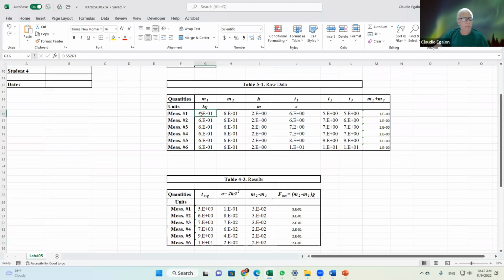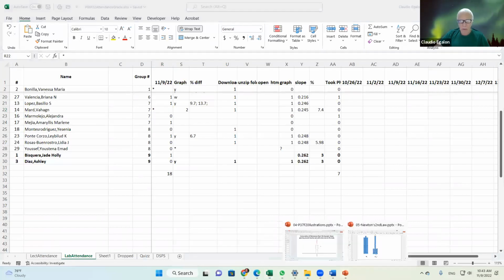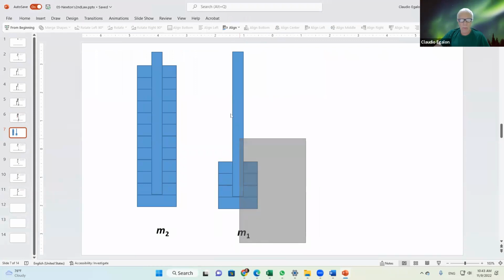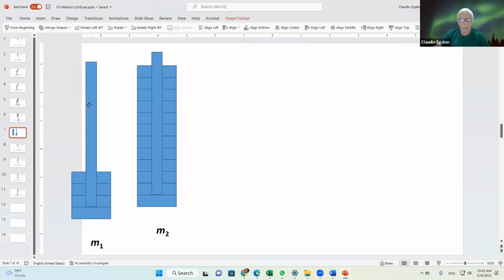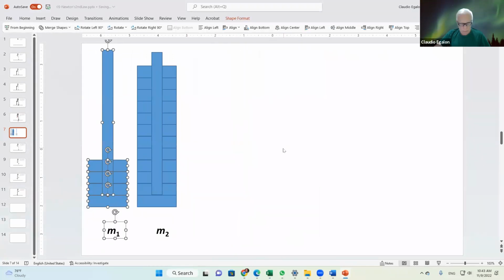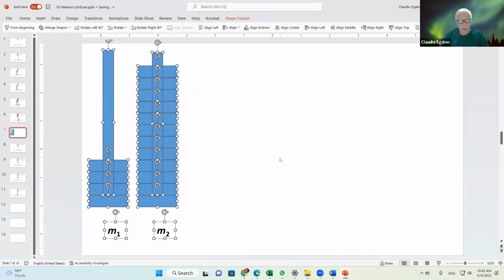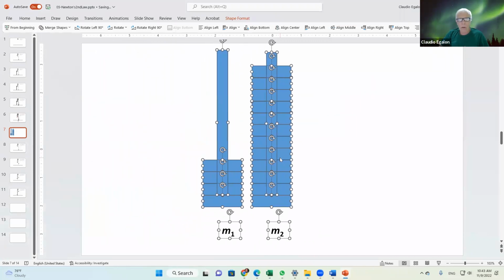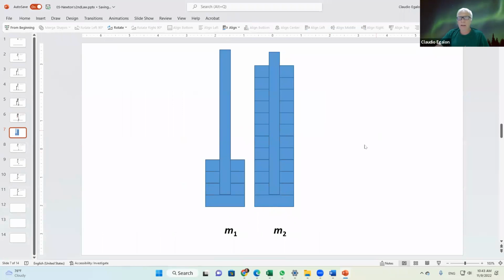Note that we have 0.55263, 0.5869, M2 greater than M1. I'm going to invert the order here so we have it in the proper order. First run.